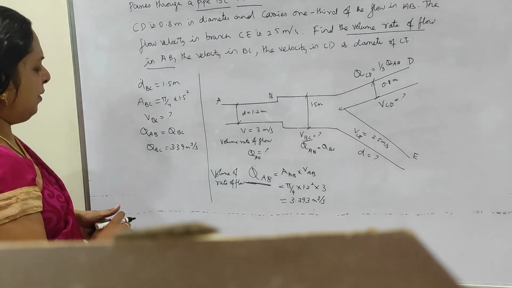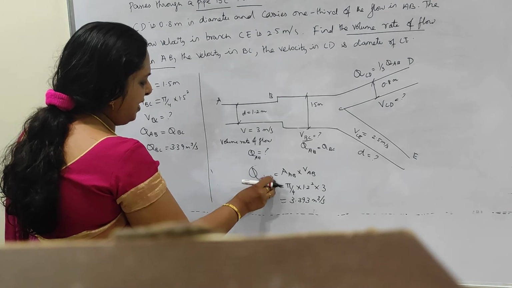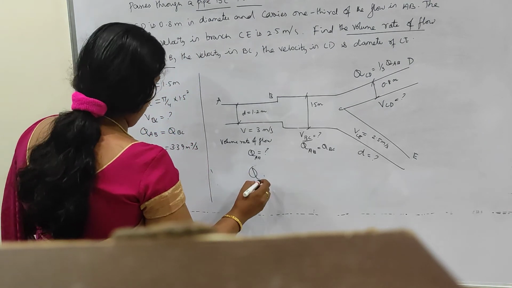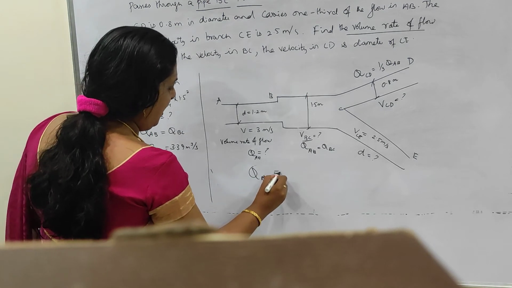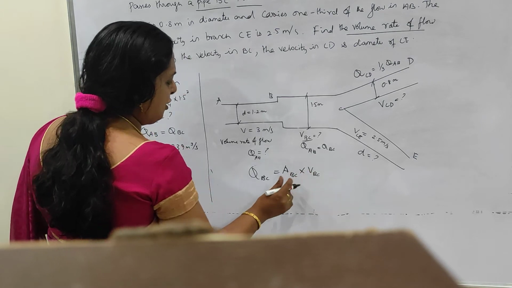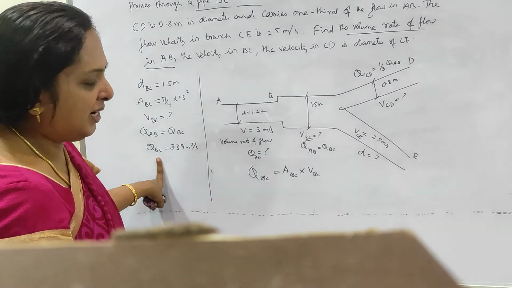And what is our volume rate of flow, or what is the discharge here? We know this. What is the formula here? QBC is equal to area of BC into velocity of BC. So we know the area and we will be able to find out the discharge.